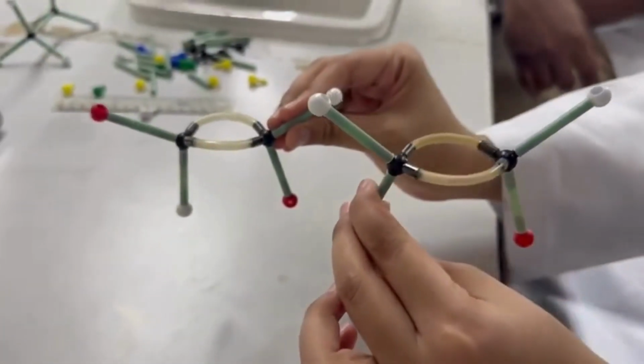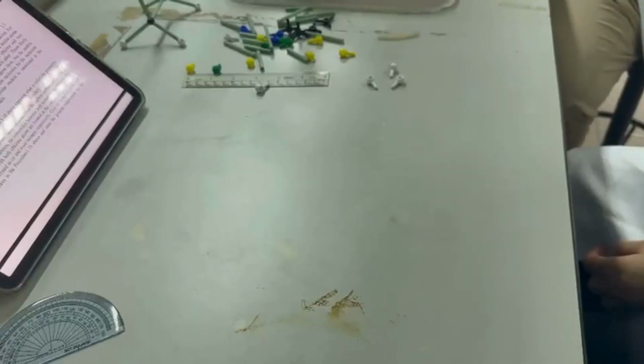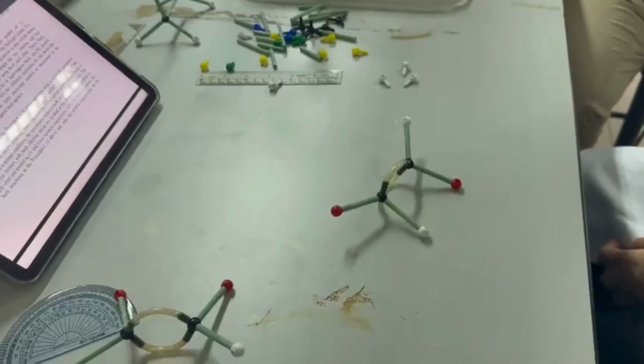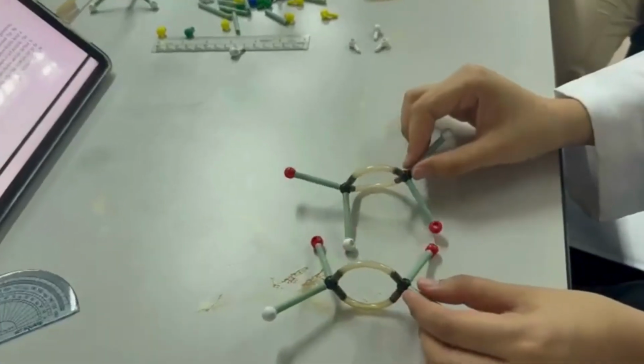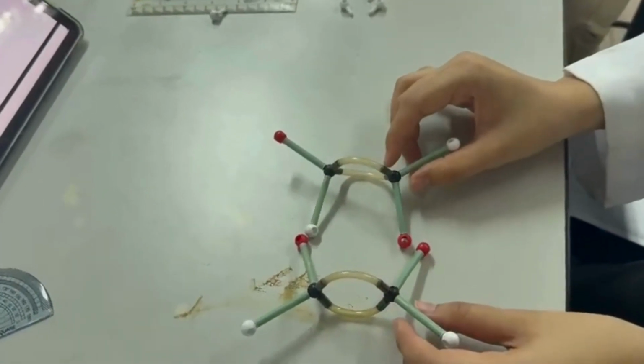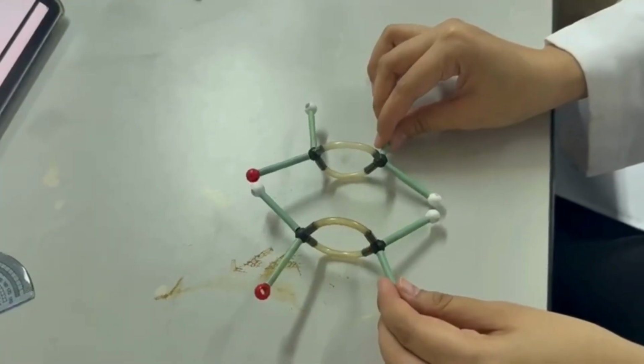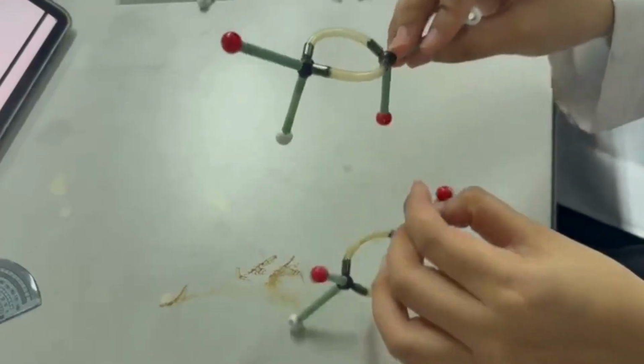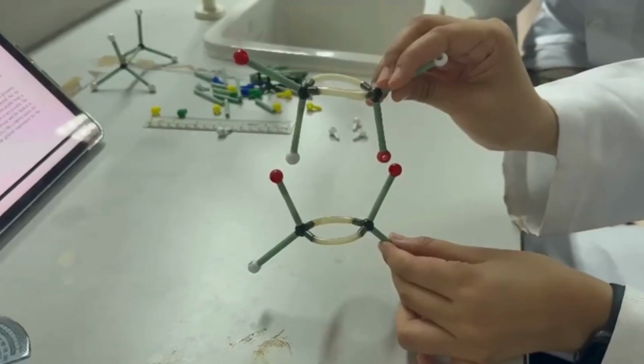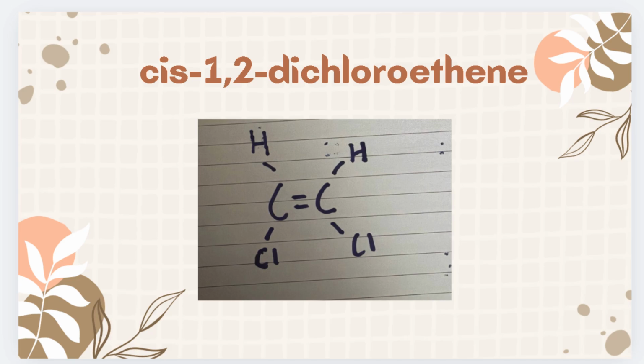As you can see, they cannot be superimposed, proving there are two distinct geometric isomers. Here are the drawings for both.